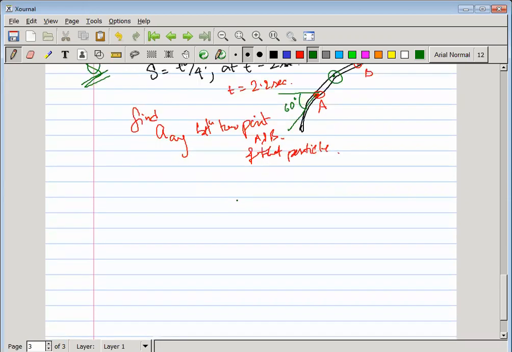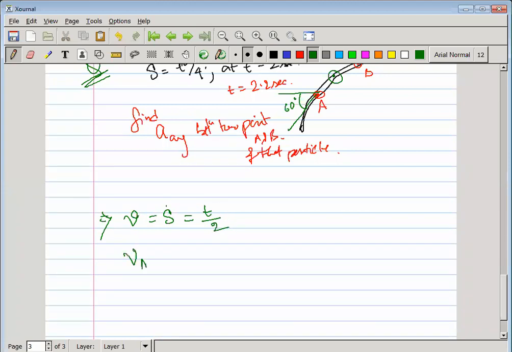To solve this, first we need to find the velocity. Velocity is the derivative of displacement. Displacement is given as t square by 4, so the derivative is t by 2.